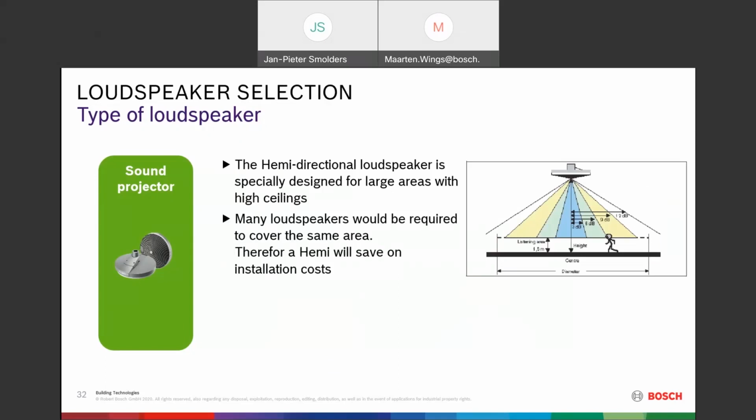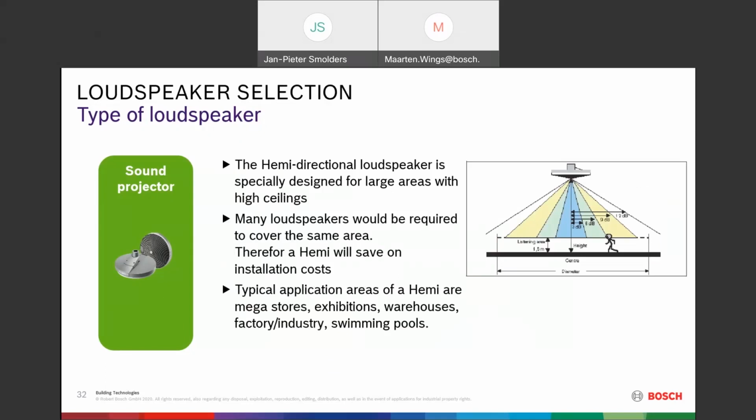So instead of installing many loudspeakers for the same area, you can use just one. So it will save you on installation cost and loudspeaker costs, most likely. Here the warehouses, factories, industry, larger rooms and where you have to cover large areas.